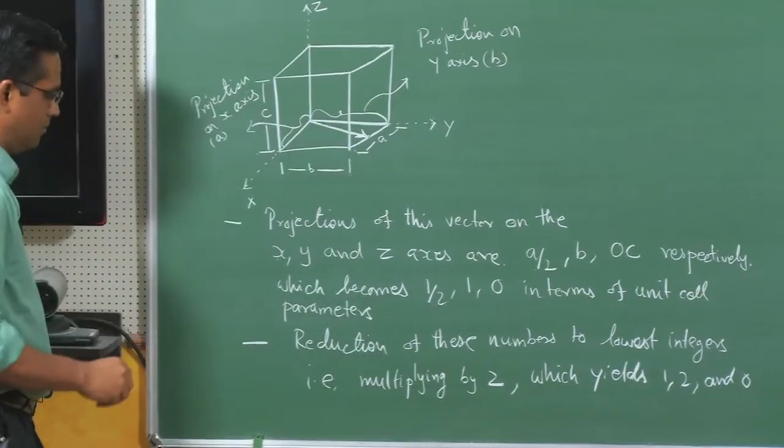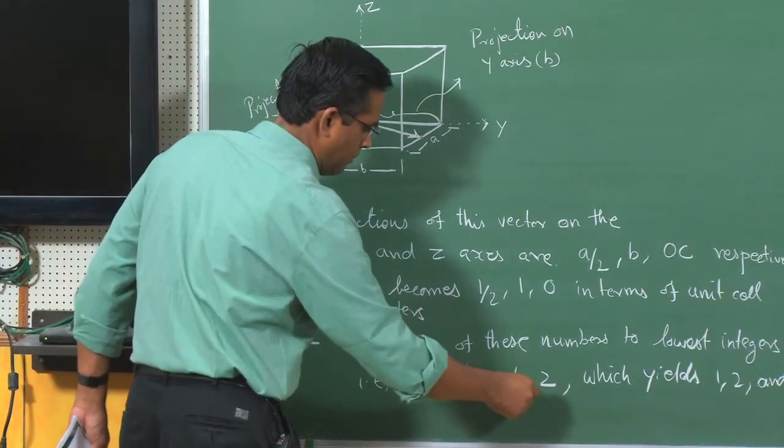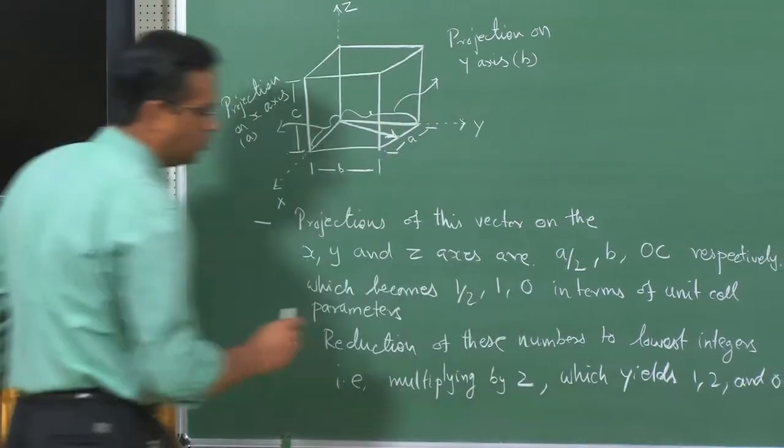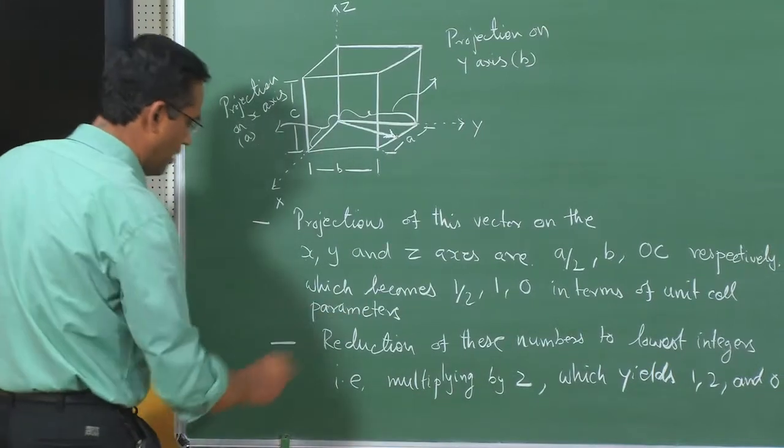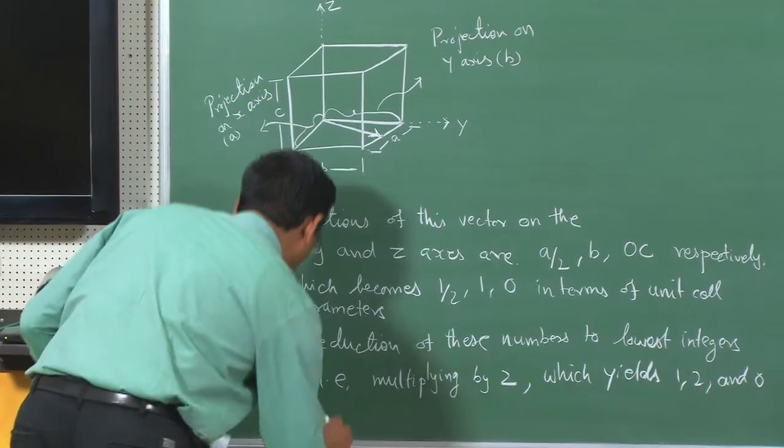So, you have the reduction by multiplying by 2, which gives 1 2 0. Finally, it can be enclosed in the parenthesis or brackets.